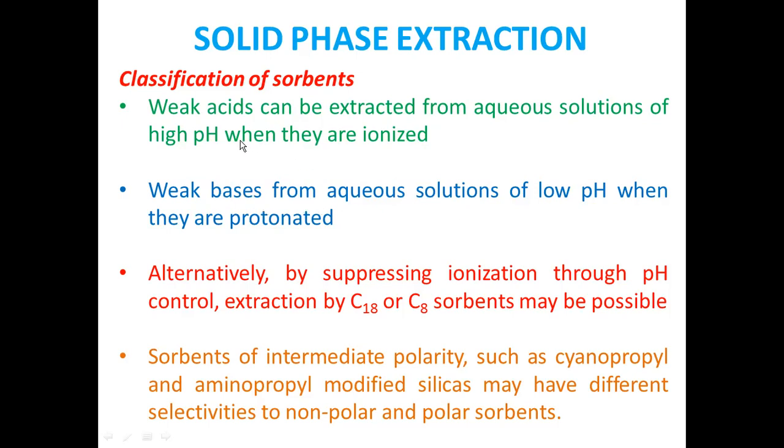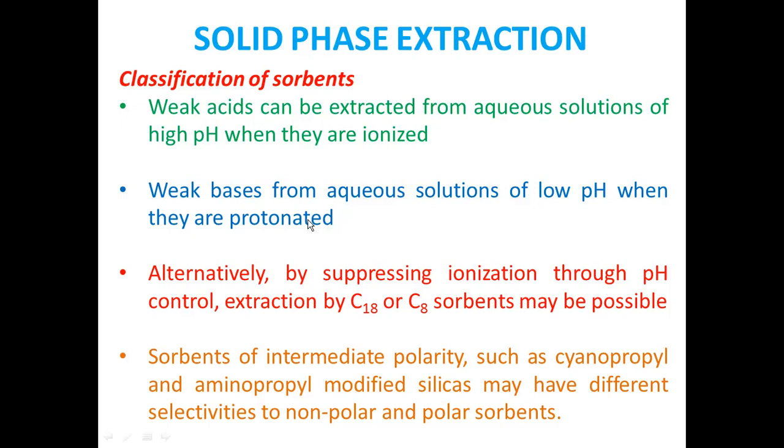So the aqueous solutions of weakly acidic species can be extracted at higher pH, and the aqueous solutions of weakly basic species can be extracted at lower pH, because at higher pH, weakly acidic species undergo ionization to get converted into negatively charged species, and at low pH, weakly basic species undergo protonation. Okay, so the ionization can also be suppressed by pH control only.